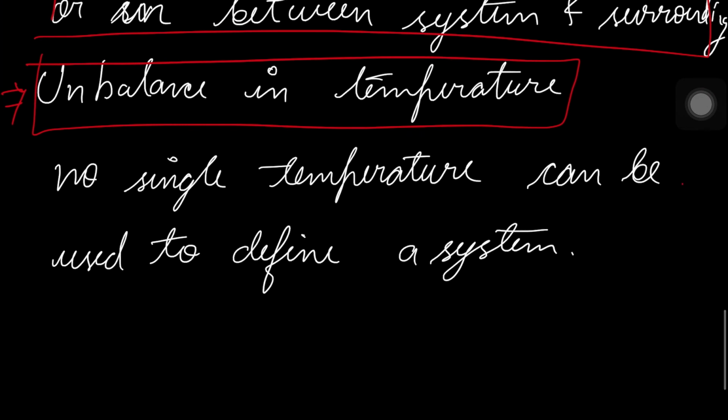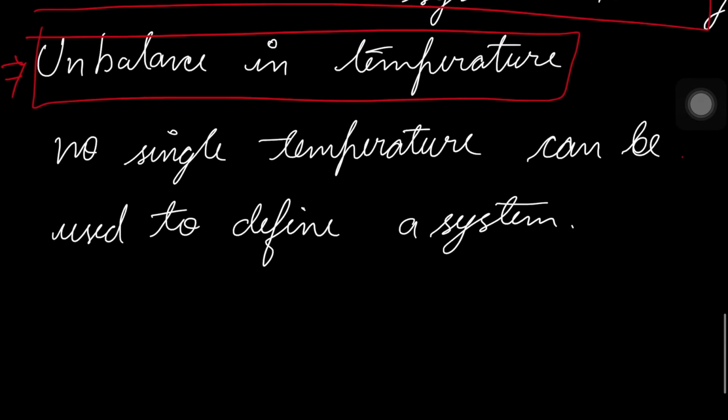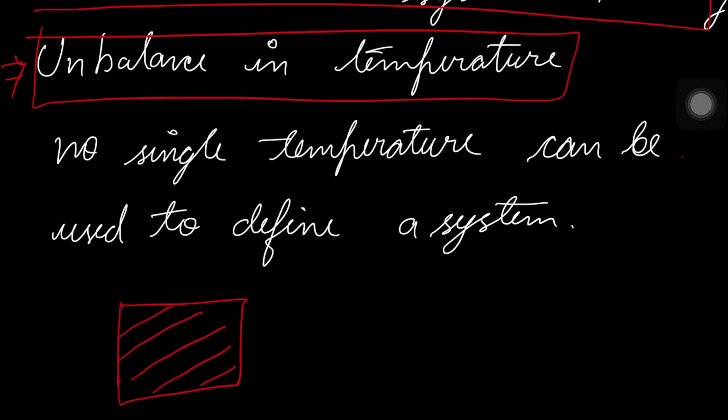One important thing to note: if there is a thermal unbalance, you cannot define the state of a system by a single temperature. What does that mean? Let's say this metal is there. This is a metal surface and I'm heating it right now.